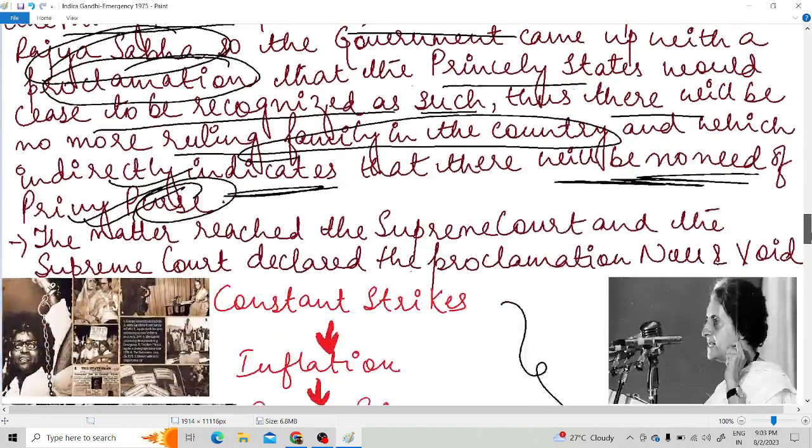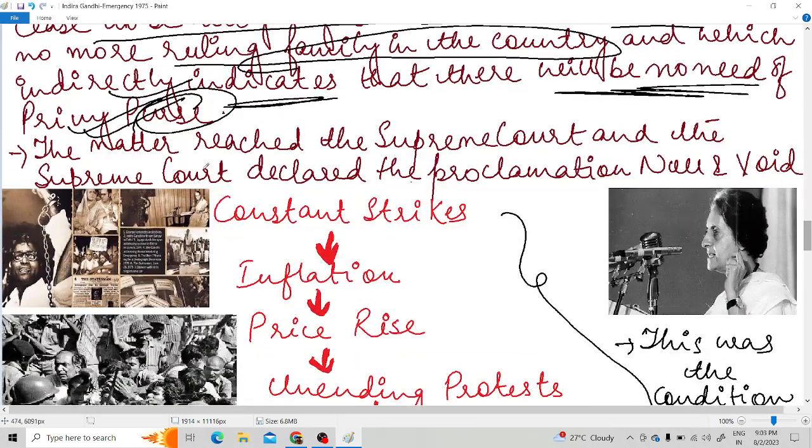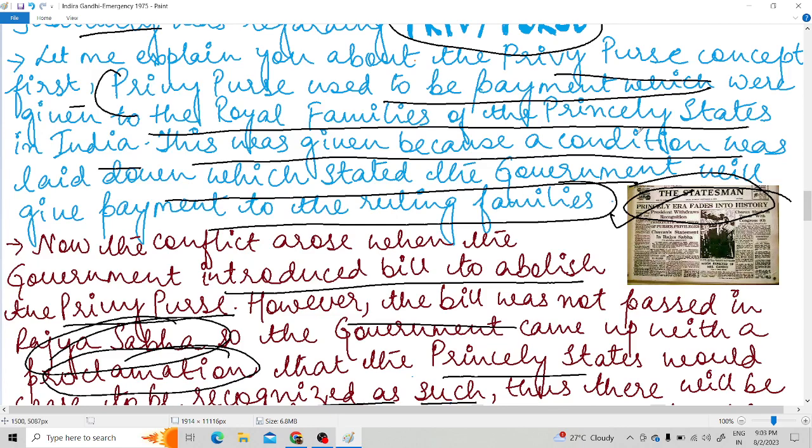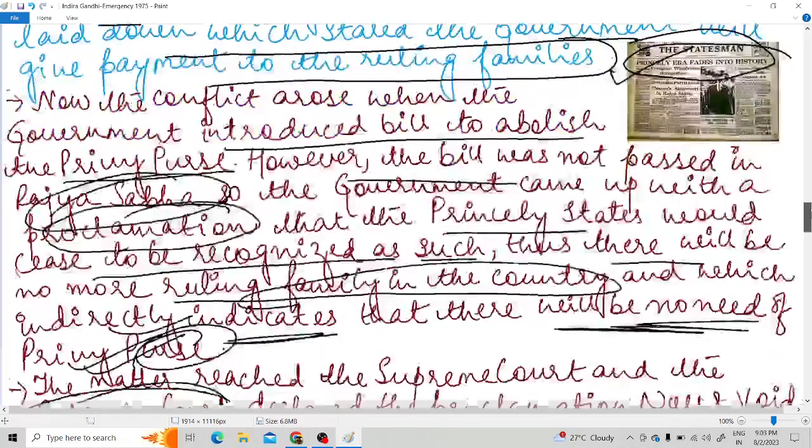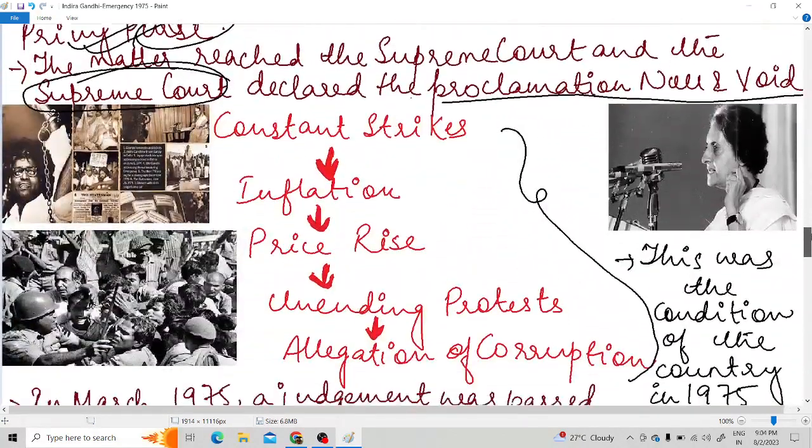Now, the matter reached the Supreme Court, and the Supreme Court's verdict was that the proclamation was null and void.